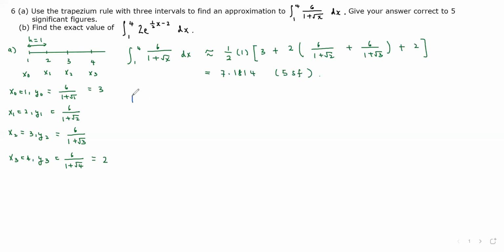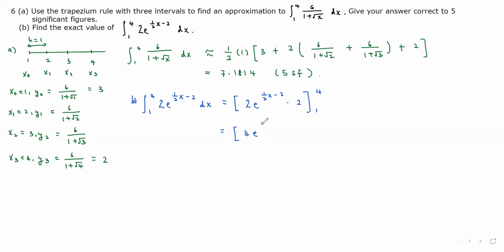For part B, we need to find the exact value of the definite integral of 2e to the 1 over 2x minus 2. So we just integrate this. Upon integration, we have 2e to the 1 over 2x minus 2 multiplied by the reciprocal of this, which is a 2, and we evaluate from 1 through 4.